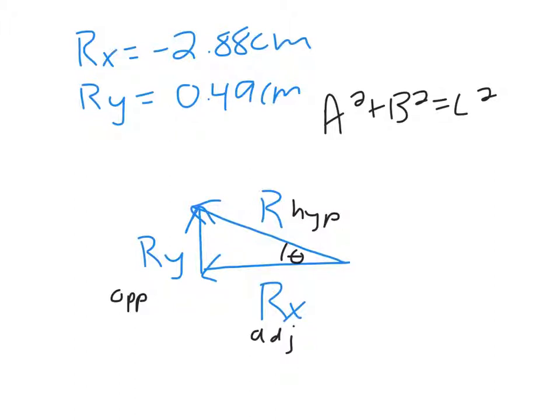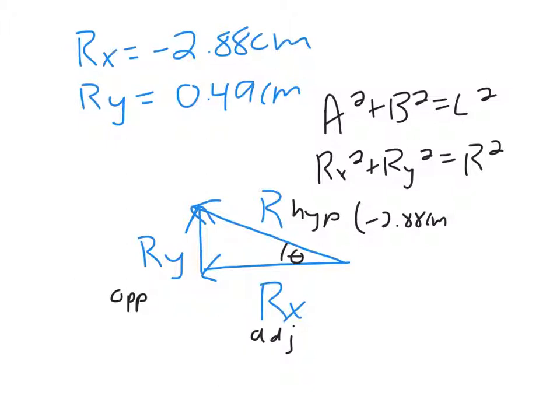Again, it doesn't matter what is A and what is B. So we'll do rx squared plus ry squared equals r squared. Negative 2.88 centimeters squared plus 0.49 centimeters squared equals r squared.